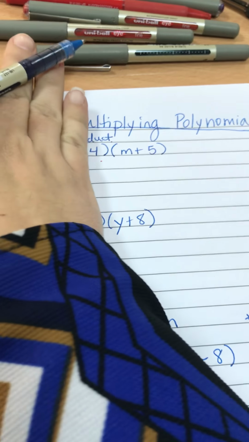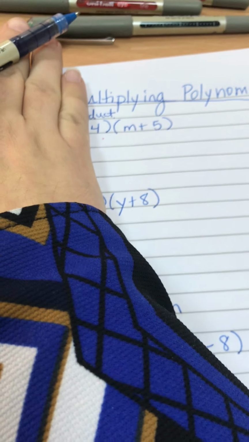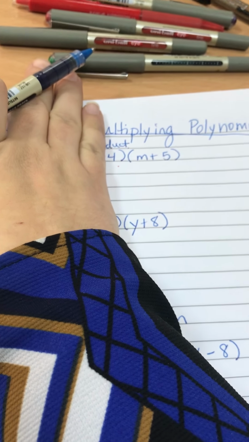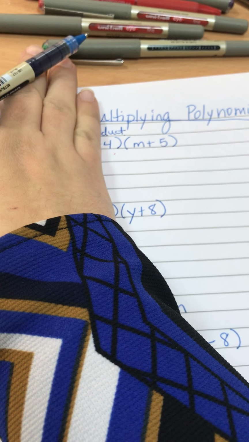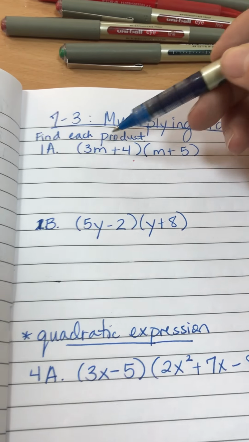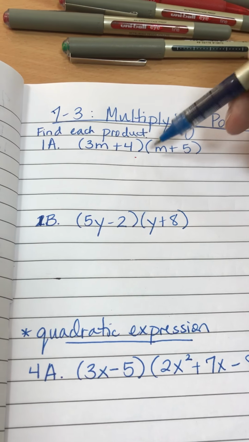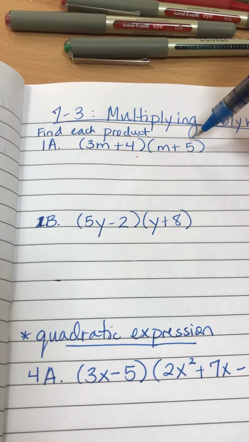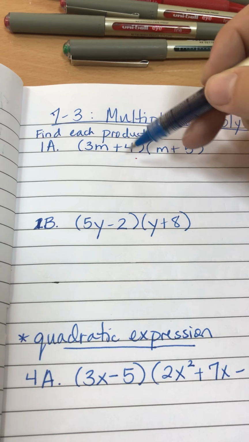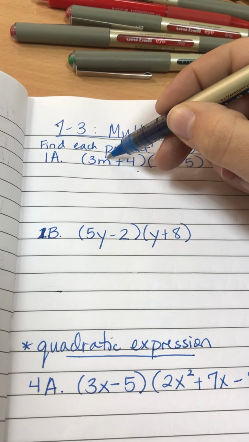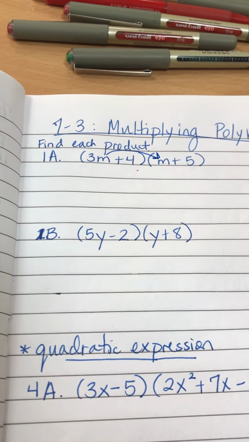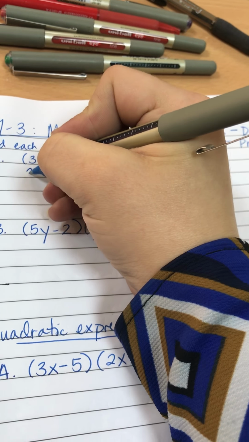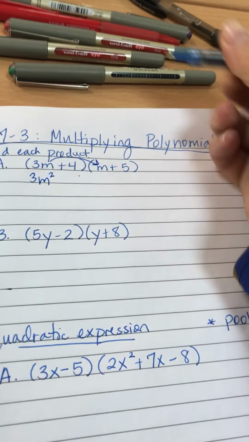Normally, if we were to just have a 4 outside of a set of parentheses, we would multiply that 4 by the m, and we would multiply that 4 by the 5. So it's the same process here, except there's 2 things outside the parentheses. So we're going to multiply the m and the 5 by both terms in the first set. So first I'm going to do the 3m times m. 3m multiplied by m is 3m squared.